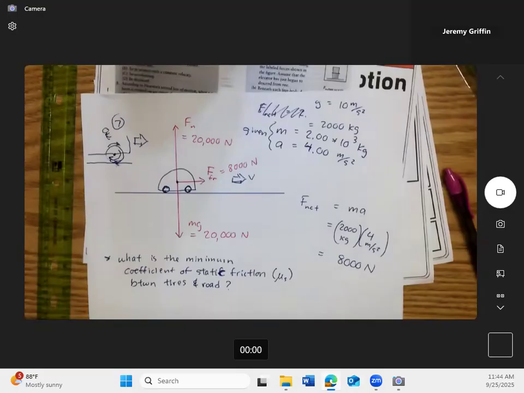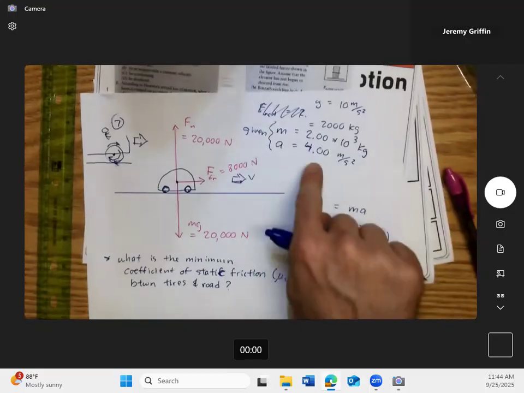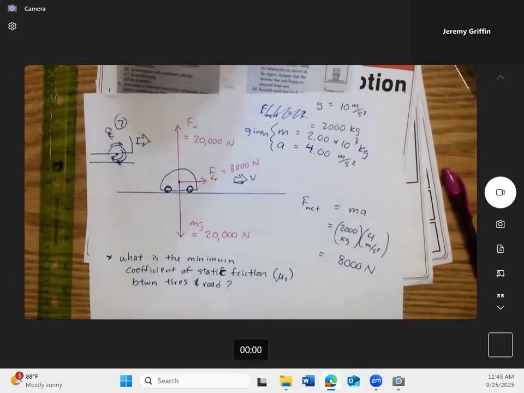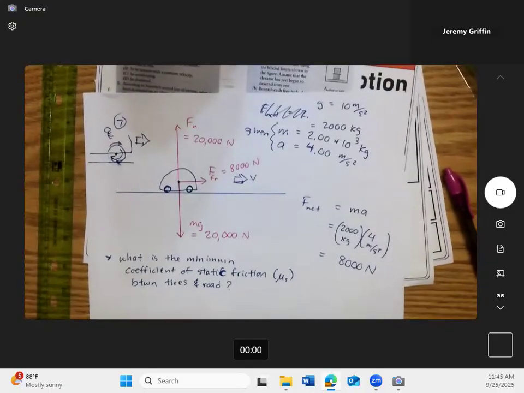I think if the road was iced over, there might not be enough friction for the car to even accelerate at 4 meters per second squared, which was a good value. So it has to be some minimal value. The road's probably not iced over.